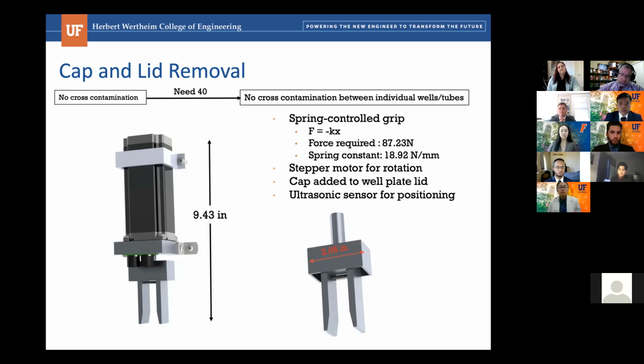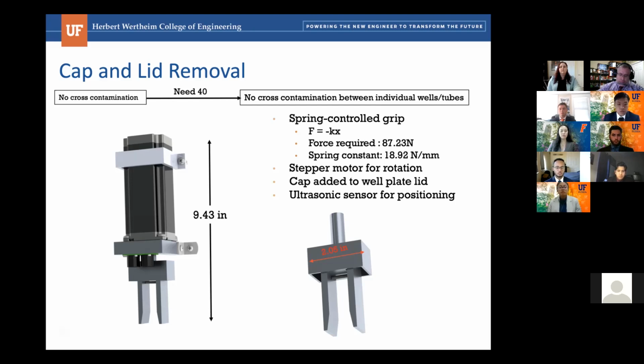As mentioned before, a cap is attached to the well plate lids prior to the experimentation so that this device can pick up the well plate lids using the same mechanism. The way this device works is that there is a spring-controlled grip that expands as this device is pushed onto the caps.